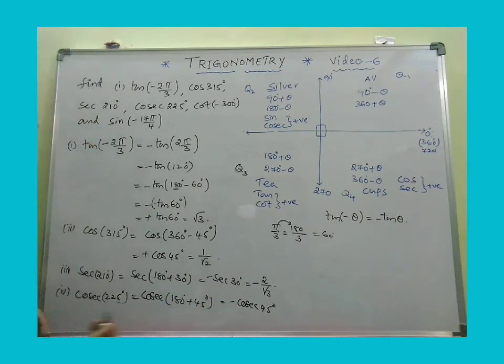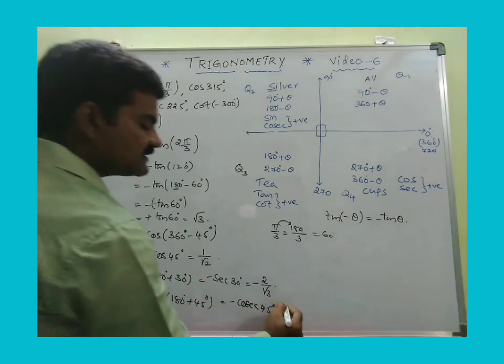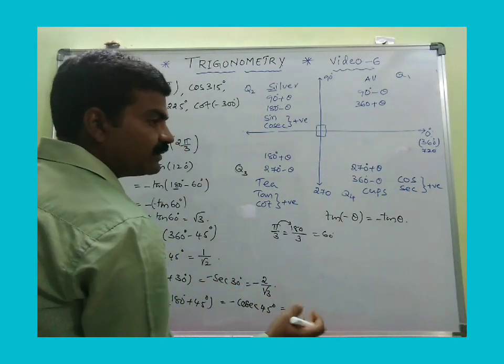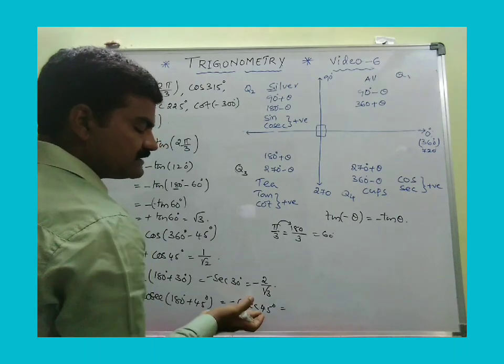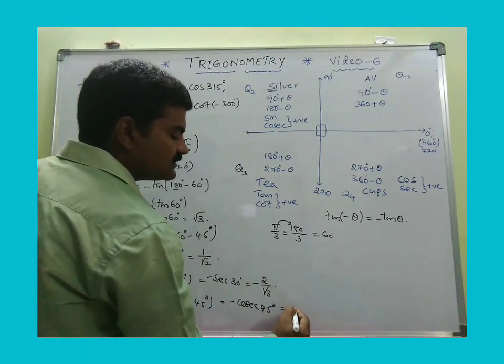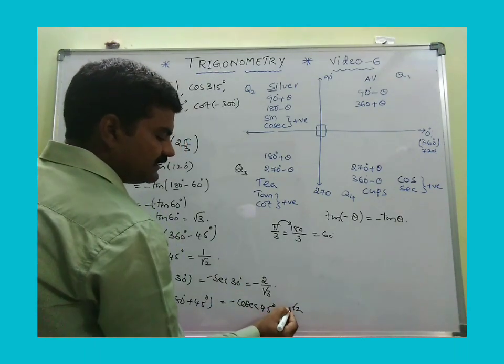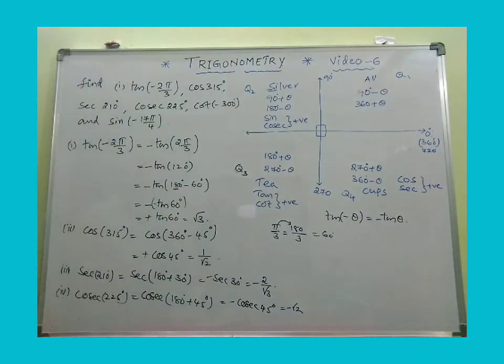Hence it is minus cosecant 45 degrees. Hence what is the minus cosecant 45 degrees value? Cosecant is the reciprocal of sine. Sine 45 is 1 by root 2, so the reciprocal is root 2, and there is a minus sign. See how easy we can make these things.